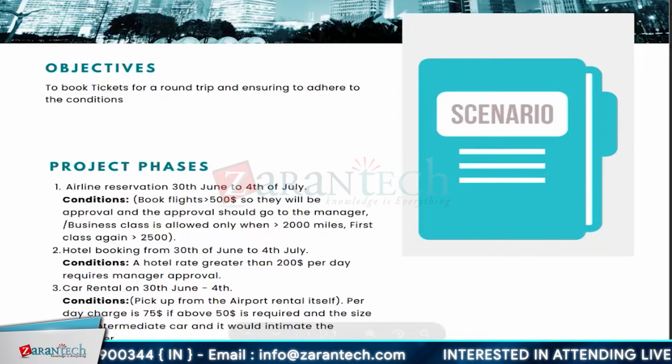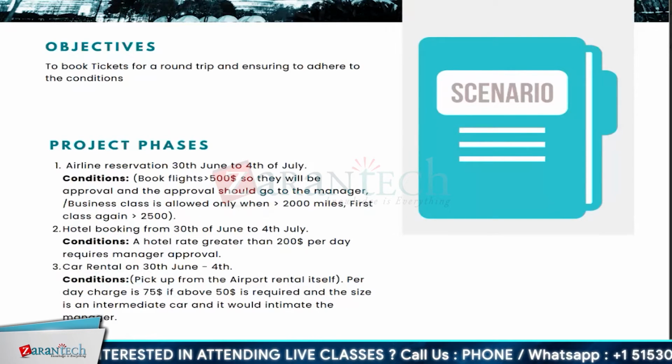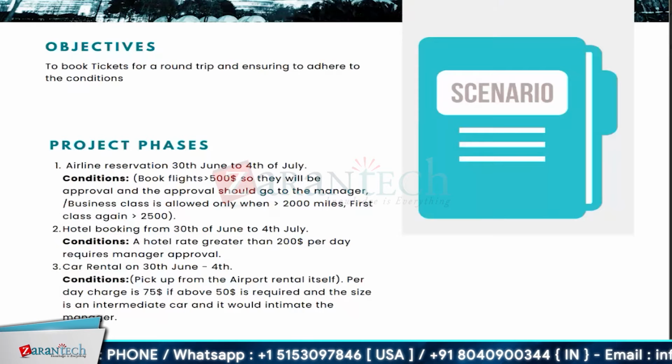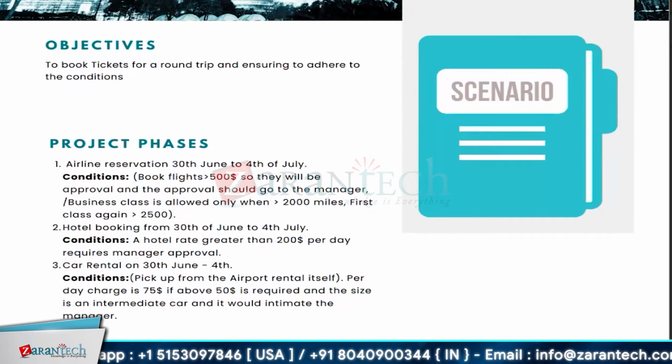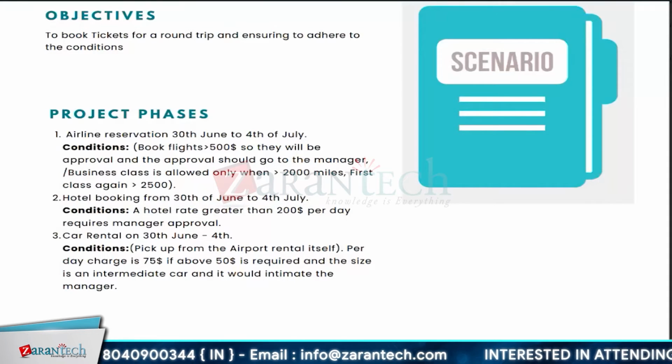And hotel booking from 30th of June to 4th. So the same thing you should follow for hotel. And condition is hotel rate is greater than 200 per day, require manager approval. Car rental, you start on 30th June and return it on 4th.